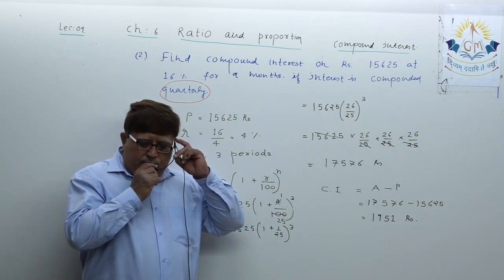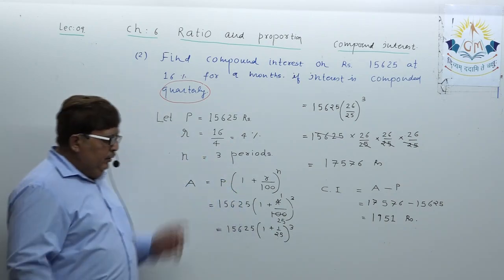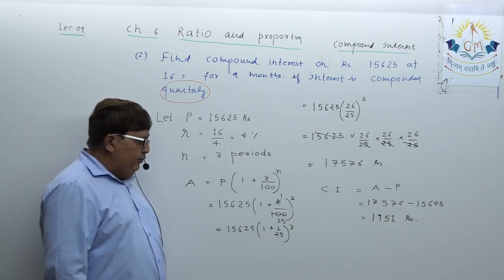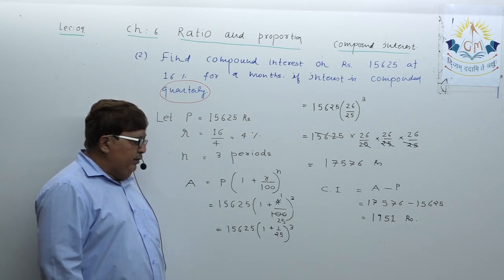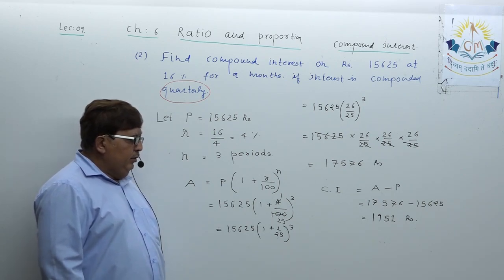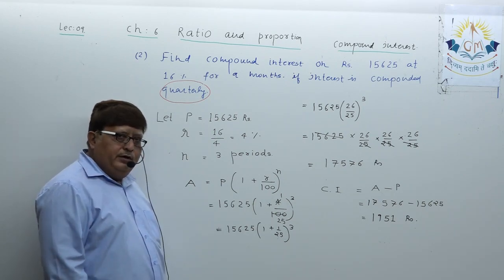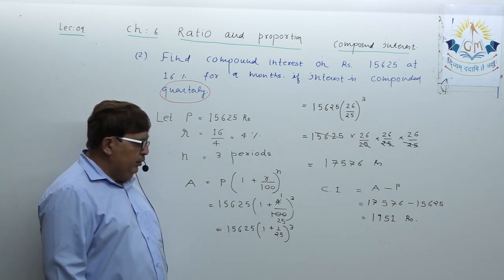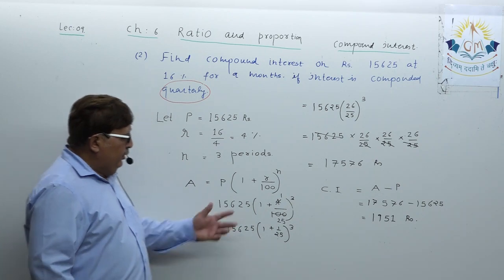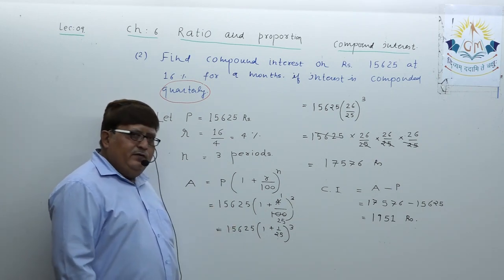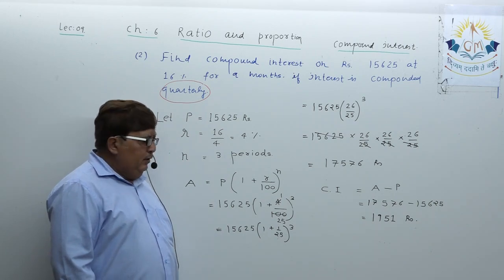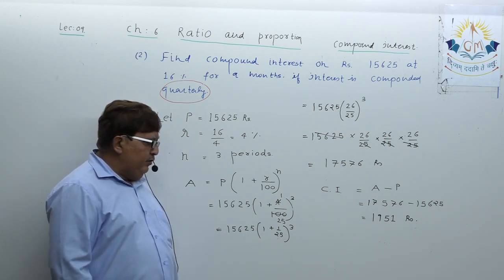Understood? Then one more example I will just now give as an SLP. No doubt we will definitely solve it, but first you need to try by yourself within a period of 3 to 4 minutes, because this type of example are arithmetic and involves some more multiplication and division.